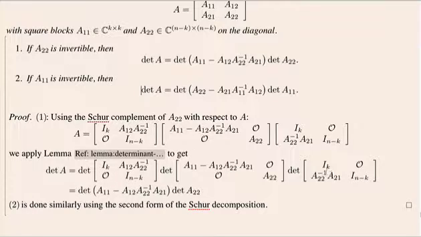Also the last matrix gives determinant 1 because it's lower triangular with ones in the diagonal. And the middle one, because it's block diagonal, using the previous lemma, its determinant is the product of the diagonal blocks' determinants. The second part is very similar, just a different decomposition with lower triangular and upper triangular matrices again.